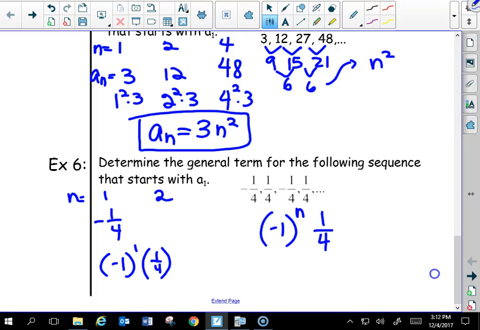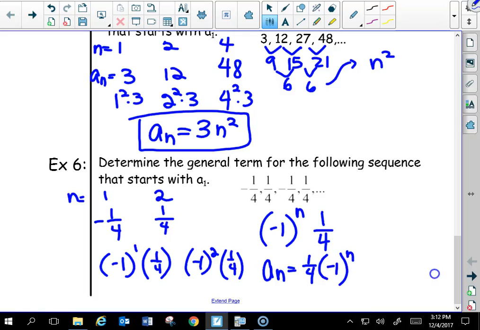Look at n equals 2, that gives me a positive 1/4, and -1 squared times 1/4 will definitely give me a positive 1/4. So my rule is going to be, let's write it somewhere, a sub n equals 1/4 times -1 to the n.